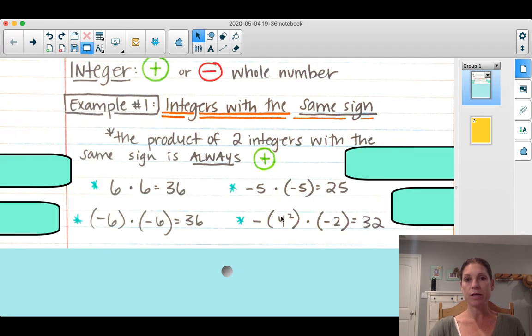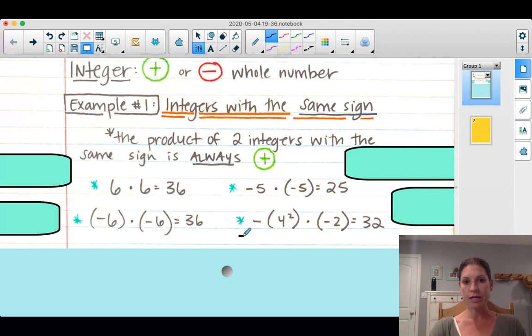Now, here's the deal about this. This 4 squared and this negative, because the negative is on the outside of the parentheses, that means that this is really technically like a negative 1 times 4 squared. And negative 1 times 4 squared is negative 1 times 16.